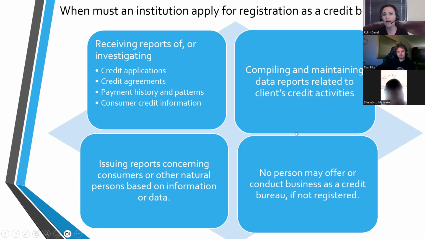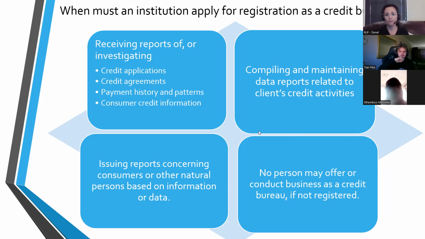If they are compiling and maintaining data reports related to the client's credit activities, they must register. If they are issuing reports concerning consumers or other natural persons based on information or data, once again, they must register. So basically, no person may offer or conduct business as a credit bureau if they are not registered.